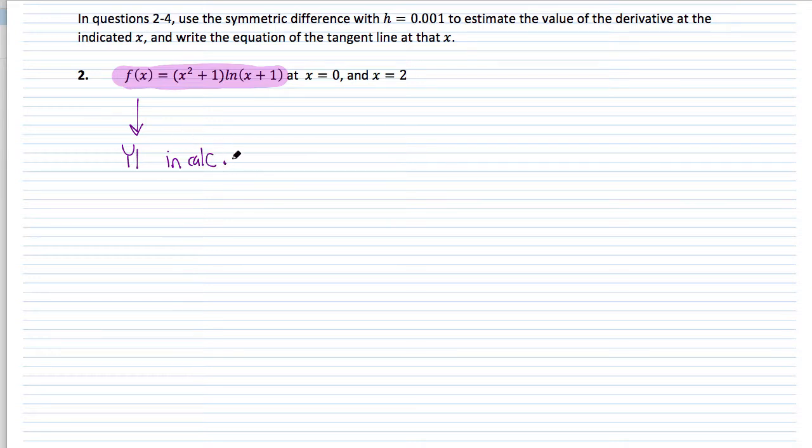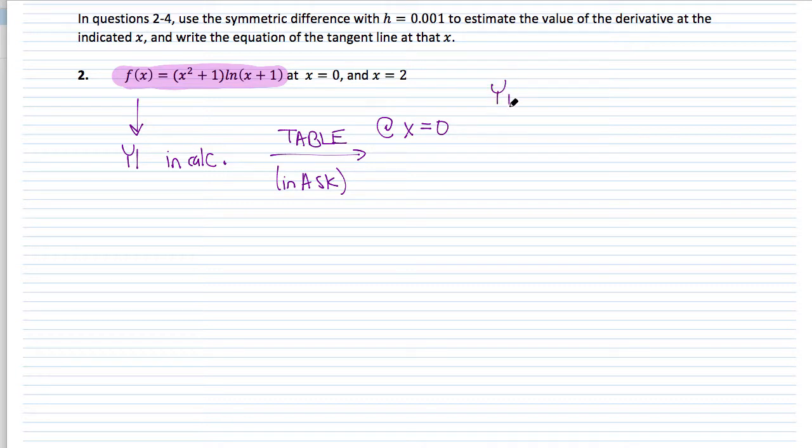And once you put this into your calculator, then I'm going to go to my table. And hopefully your table is in ask mode. If it's not, I suggest you do that. And we're going to get values for our x coordinates. And so what do we need? At x equals 0, we have 2 columns, our y1 and our y2.